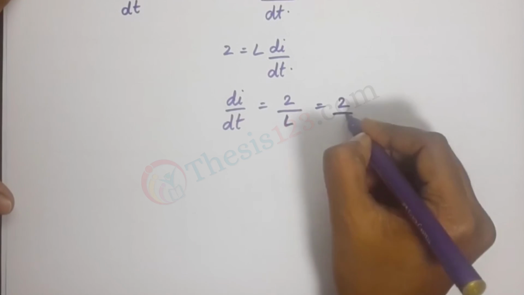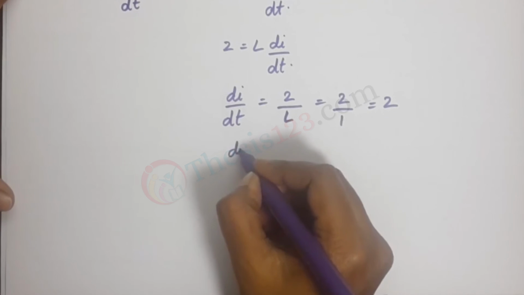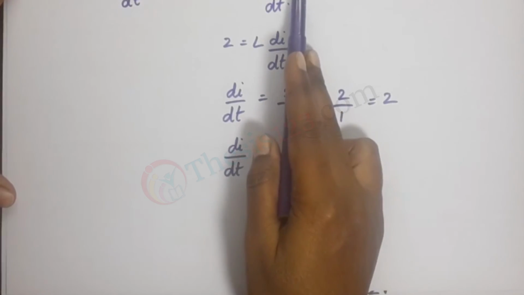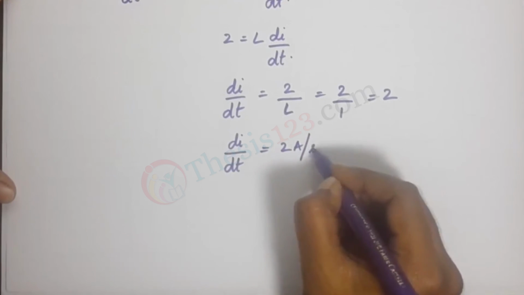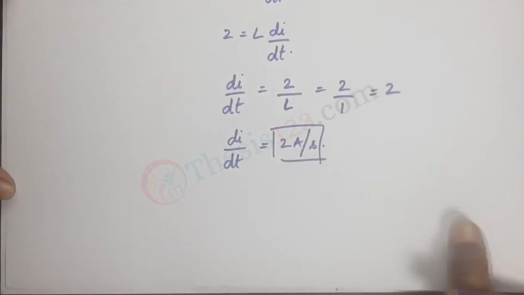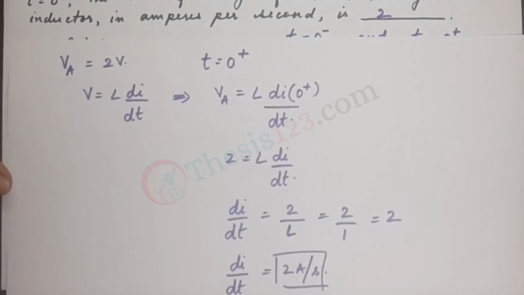That's 2 divided by 1, which is 2. So the rate of change of current at time 0 plus is 2 amperes per second. This is the final answer, which is 2. I hope this has helped.